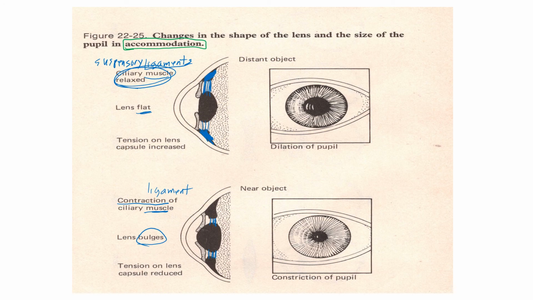We can do that all day long because the muscles are relaxed. Down here with the muscles contracted, ligaments relax, and the lens takes more of its normal shape, and this is for close-up vision. Like reading, we can only do that so much because these muscles are going to fatigue. But this whole process is called accommodation.